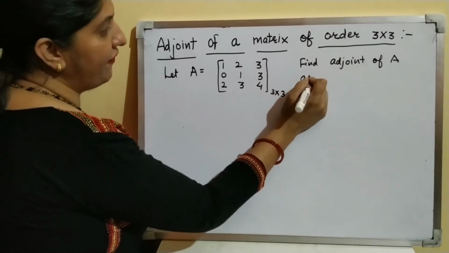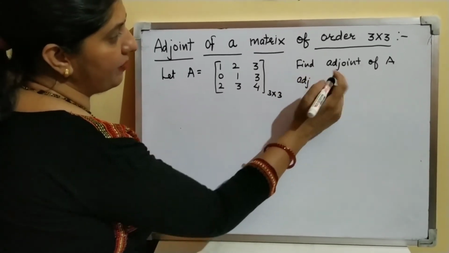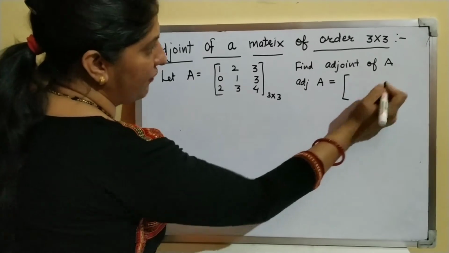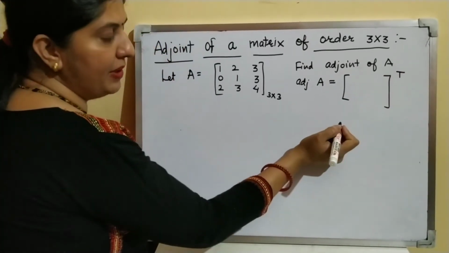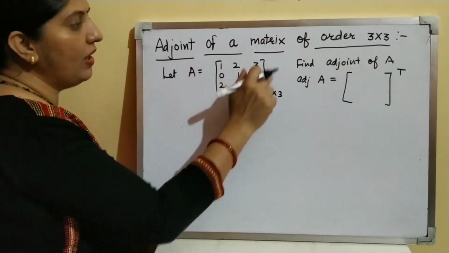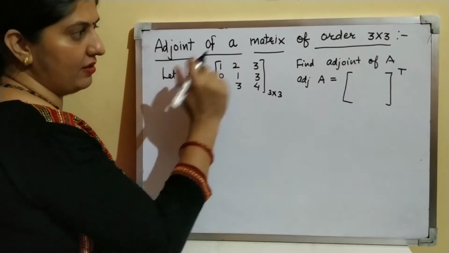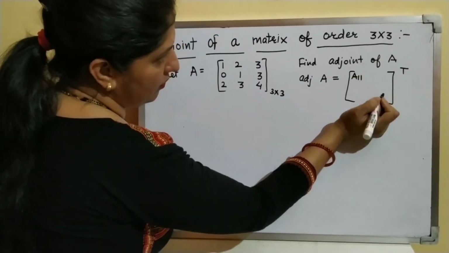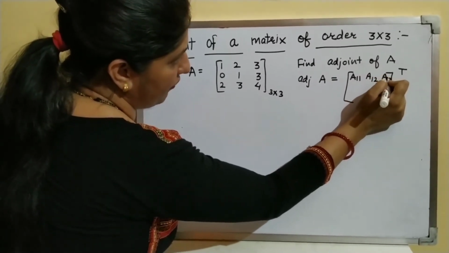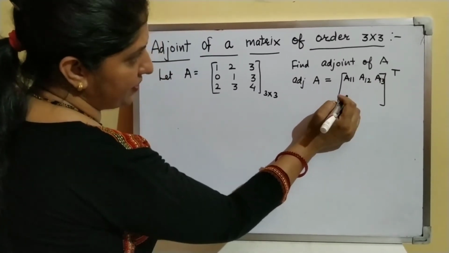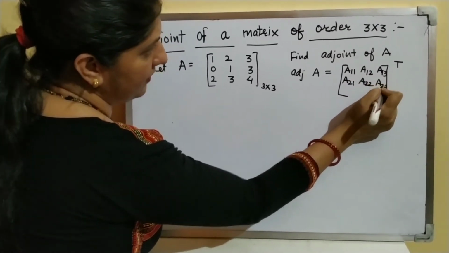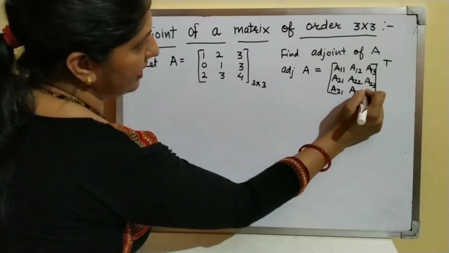We know that the definition of the adjoint of a matrix A is that we have to take the transpose of the matrix formed by the cofactors of all elements of the matrix A. So, we have to find a matrix formed by the cofactors of the given matrix capital A: A11, A12, A13, A21, A22, A23, A31, A32, A33.